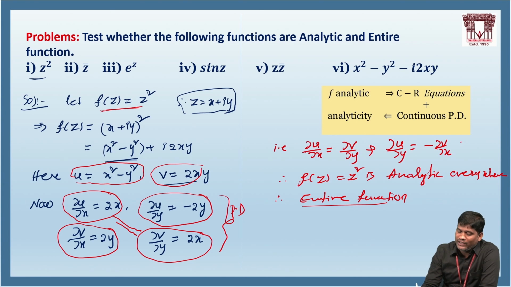After that, we have to check that the Cauchy-Riemann equations are satisfied, and that the first order partial derivatives are continuous. If the function is analytic, then it should satisfy the Cauchy-Riemann equations, as well as continuous first order partial derivatives. If the real and imaginary parts satisfy the Cauchy-Riemann equations and the first order partial derivatives are continuous, then the function is analytic.